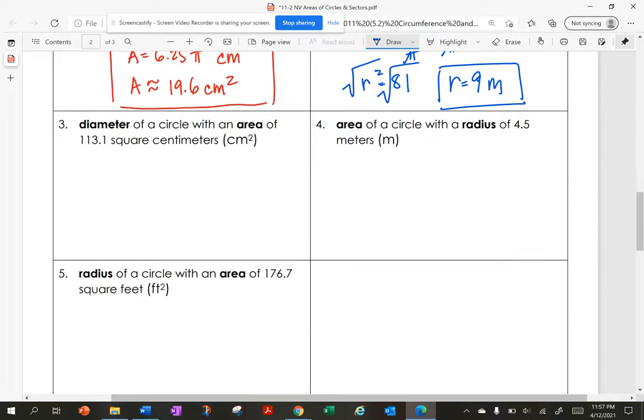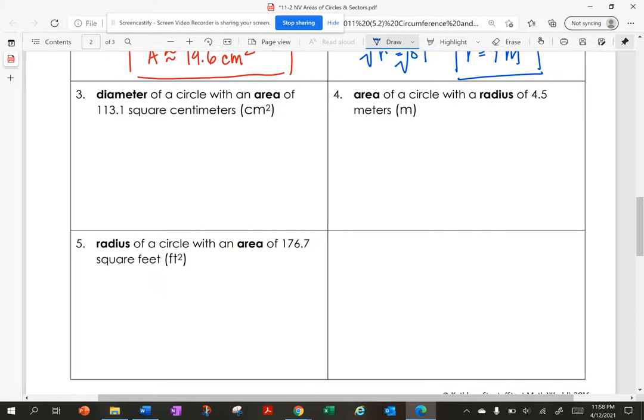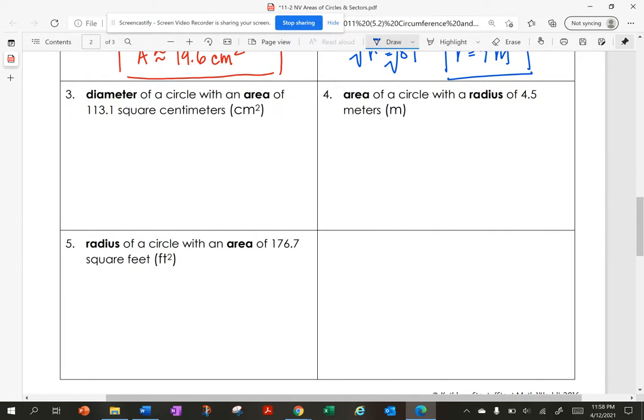Okay, number 3. This time I want to find the diameter of a circle with an area of 113.1 square centimeters. So I'm using the same formula. Area equals pi r squared.